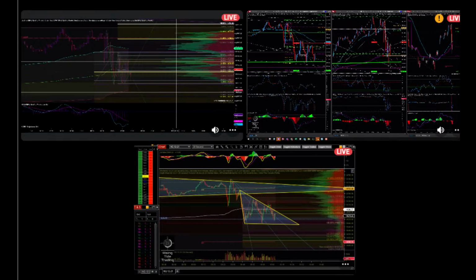Maybe a small ABCD down to break that triangle. We're in the symmetrical triangle right now. We're going to need to wait to see how this plays out. Anything inside the triangle is random, right? Yes, it can be up and down.